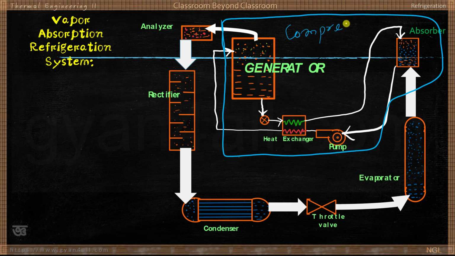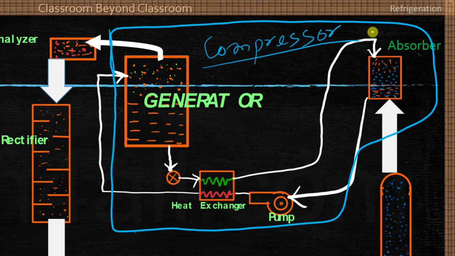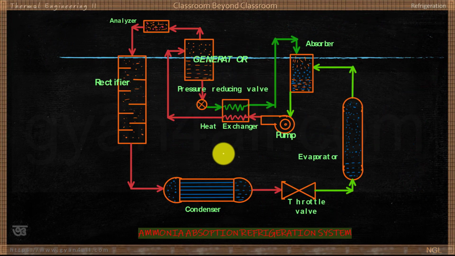Not a compressor, but the function is like a compressor, because a compressor increases the pressure. In this case the generator increases the pressure, but with the generator we have a heat exchanger, pump and absorber. This whole set of components, generator, heat exchanger, pump and absorber, replaces the compressor of a vapor compression refrigeration system. So basically this is the vapor absorption refrigeration system.